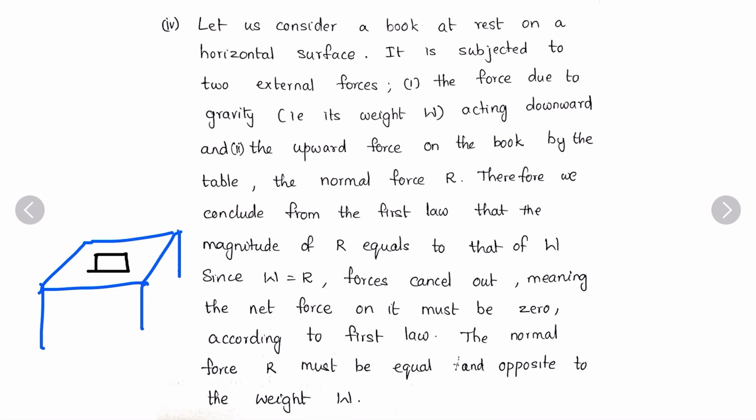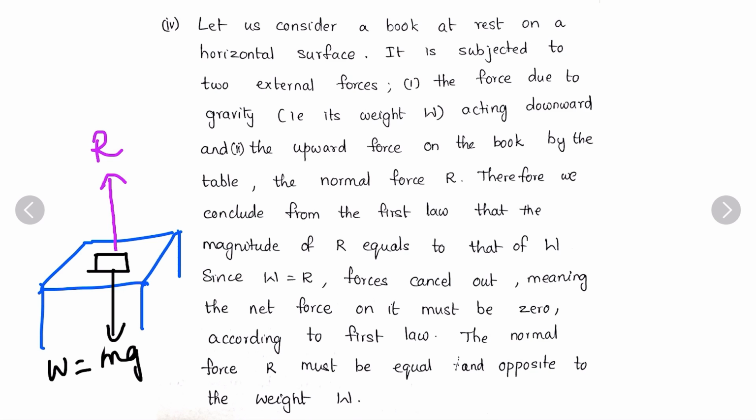What all forces will the book experience? Force due to gravity, which works downwards, we call it weight, which is mg. Another force works upwards, that is the normal reaction R. That normal reaction is always perpendicular to the surface.